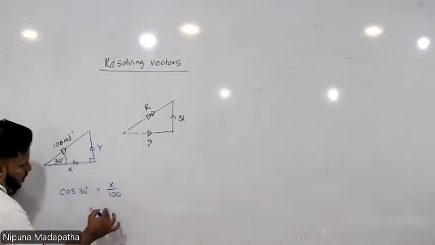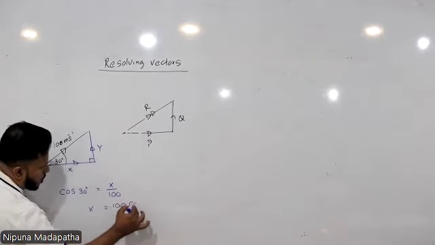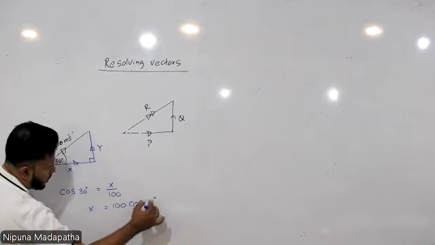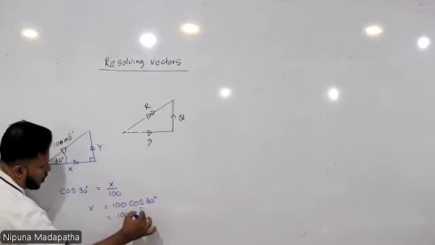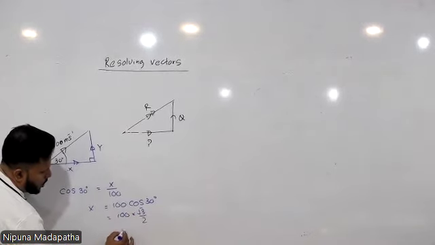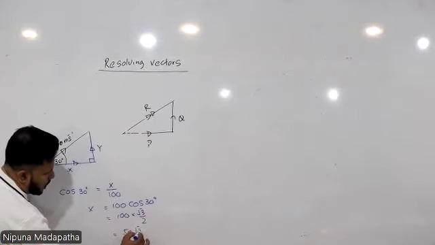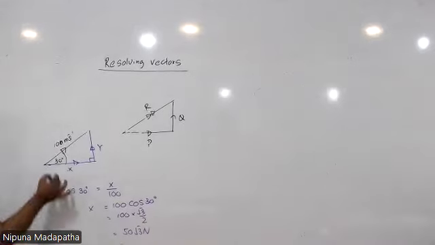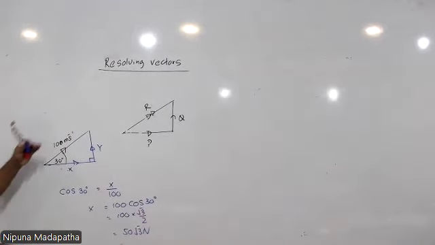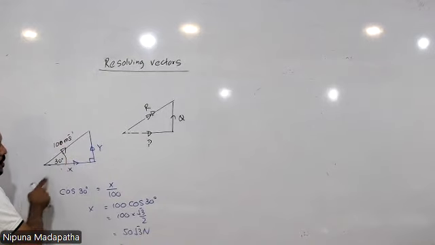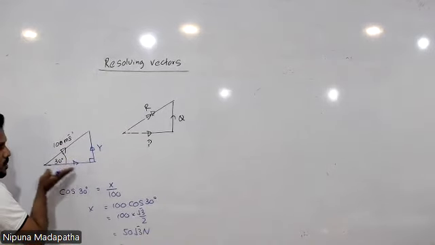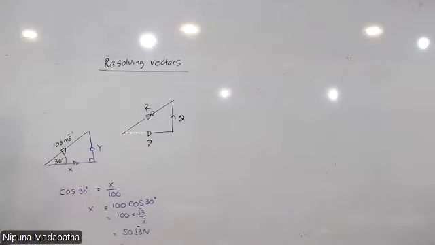So x is given by 100 cos 30. And cos 30 is root 3 over 2. So the x component is 50 root 3. That is one component of this 100 meters per second vector. This is considered the horizontal component.